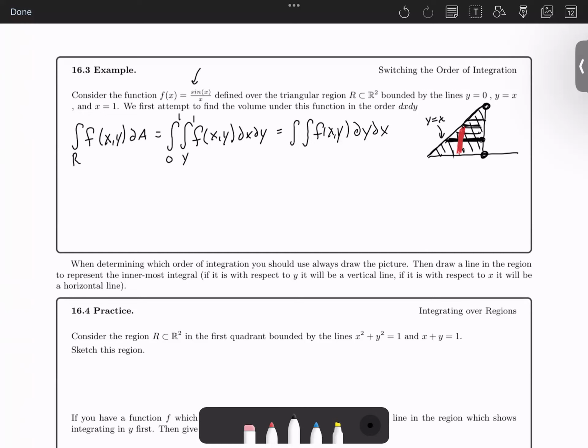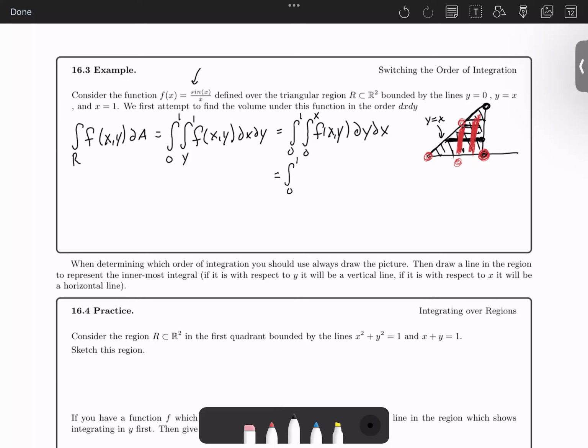The bounds for the y is going to be from 0 to x. And then I'll take these red lines and integrate horizontally in the x direction from x is equal to 0 to x is equal to 1.